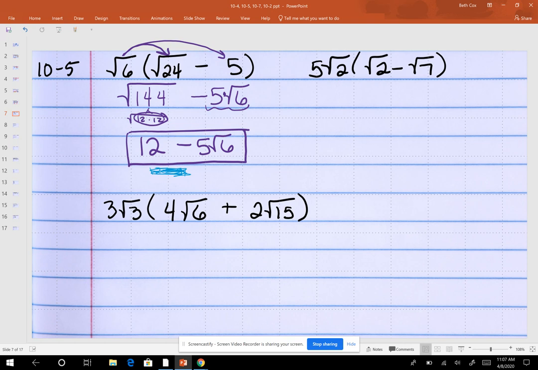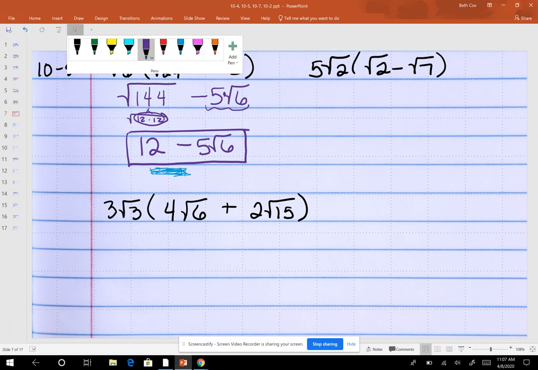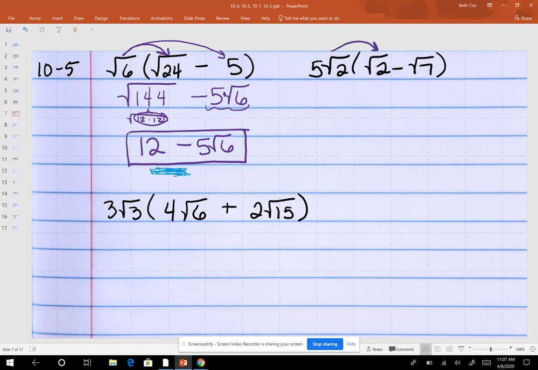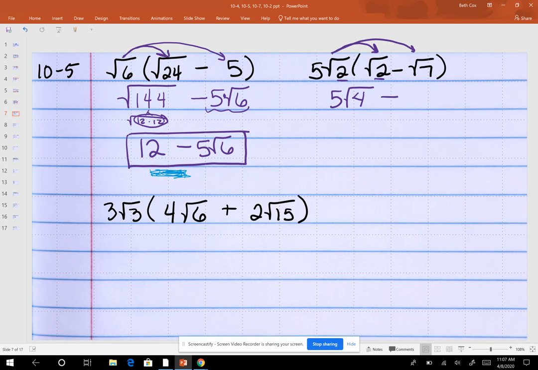All right, so let's do the next one. We're going to distribute, okay, and this time we can multiply the 2 and the 2. We can multiply the inside. So this is going to give me 5 square roots of 4. And then distribute minus 5 square roots of 14. Okay, now the 4, now we can simplify. So multiply and then simplify.